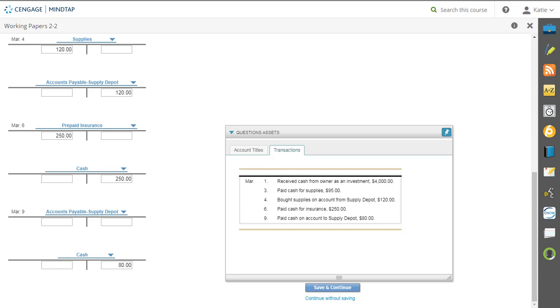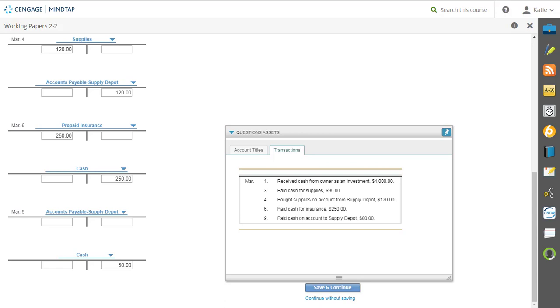Do we owe Accounts Payable Supply Depot more money or less money because of this transaction, Mackenzie? If we pay cash on account to Supply Depot, do we owe them more or less? So we give them $80 and we owe them more $80?